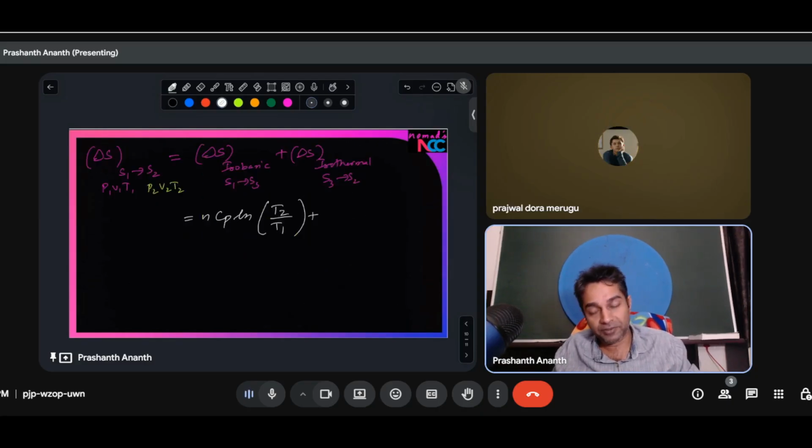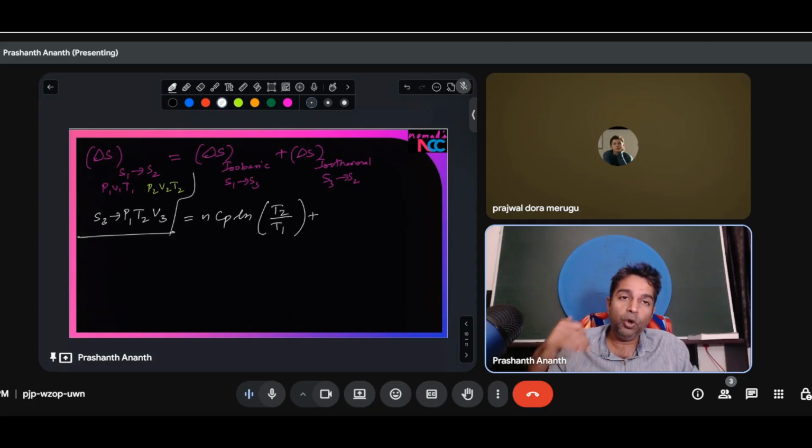In this case, what is known for S3? S3 is going to be a state where we have P1, T2 and some unknown V3. This V3 is a complete unknown. So when I don't know S3's actual volume, you are not going to be using the volume formula.